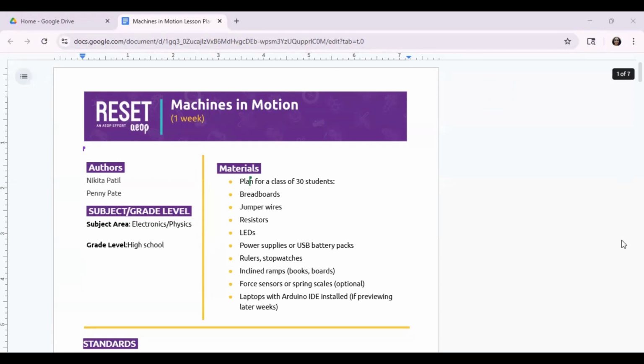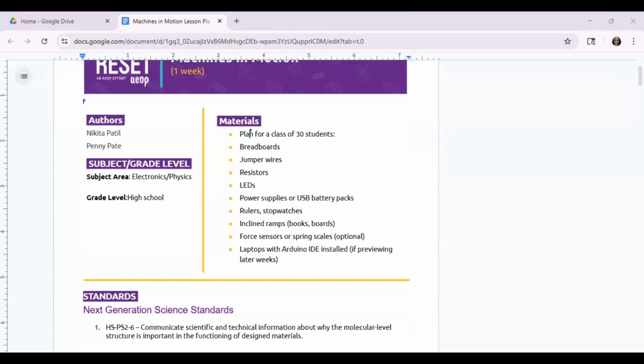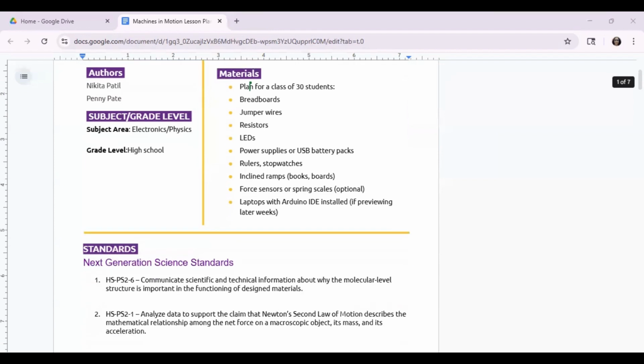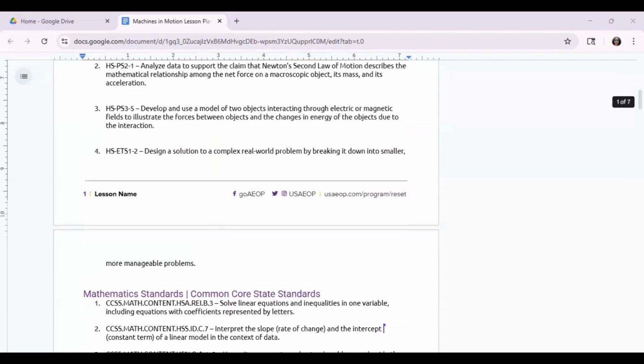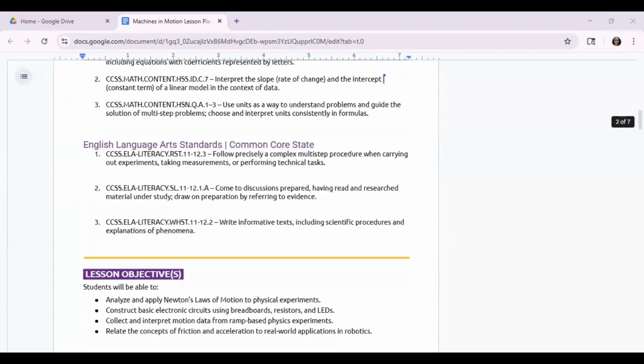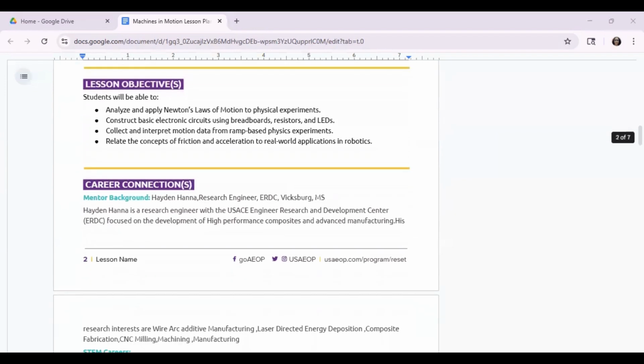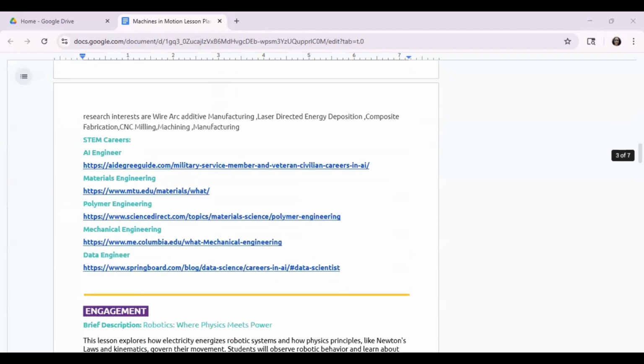So this is kind of an inspiration for our lesson. This lesson is for high schoolers, and the careers they can explore include data engineering, robot engineering, materials engineering, and AI/ML engineering.